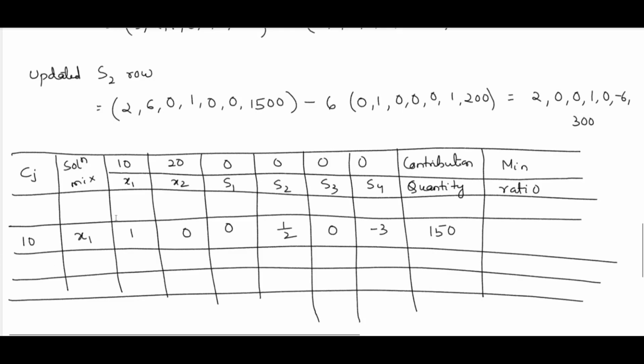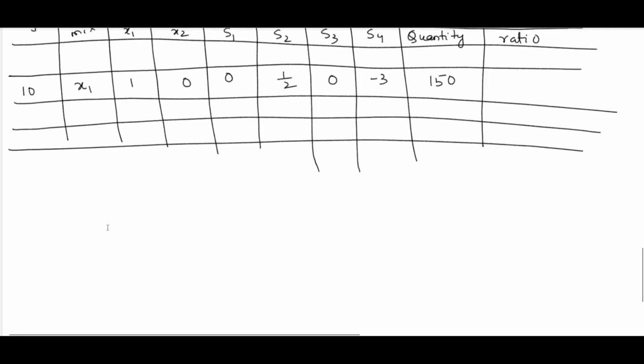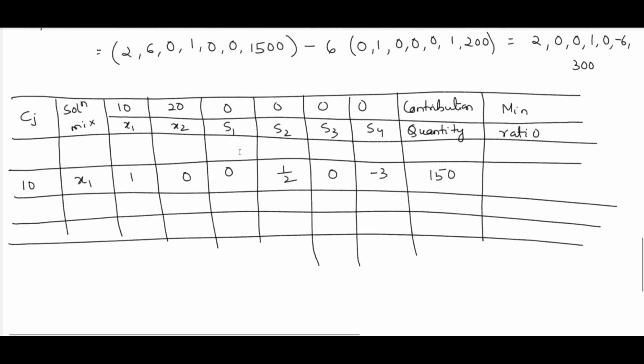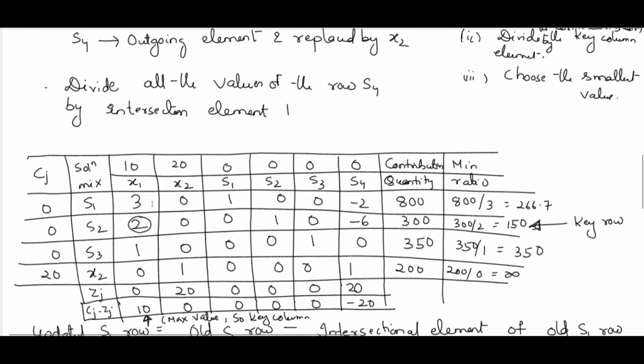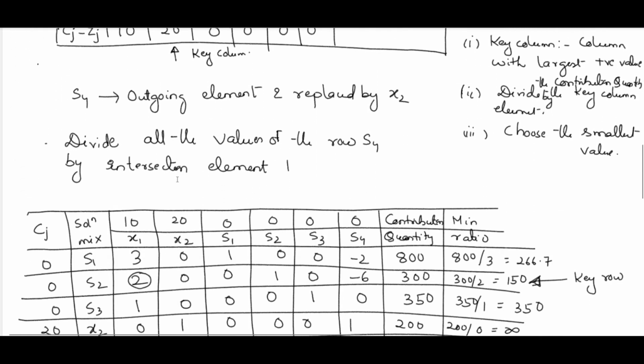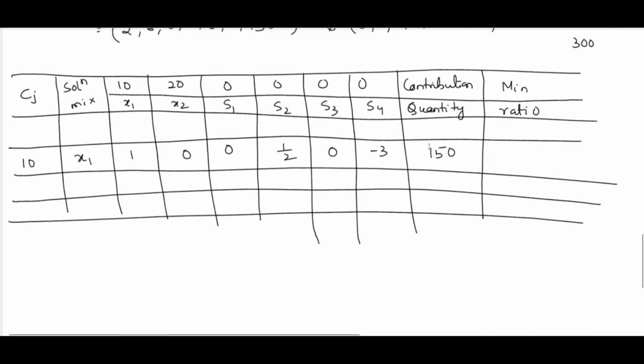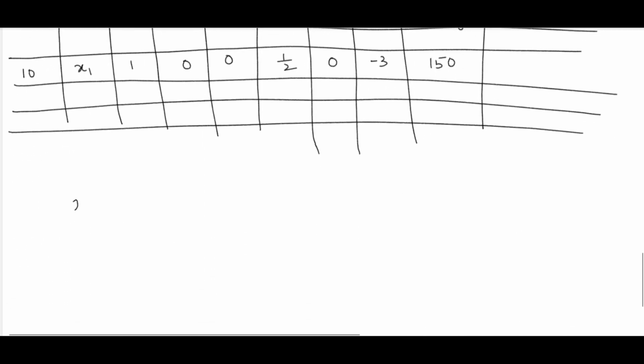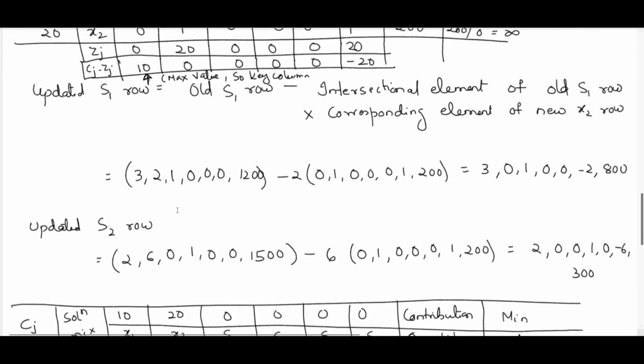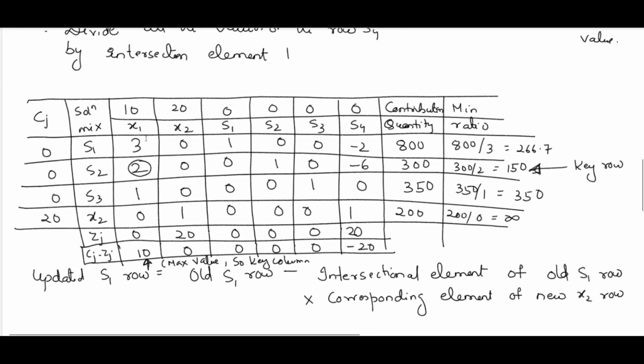Next the same process repeats. For the S1 row, the values are 3, 0, 1, 0, 0, minus 2, 800. Note this down. Then what is the rule? Minus the intersection element of that row, which is 3.